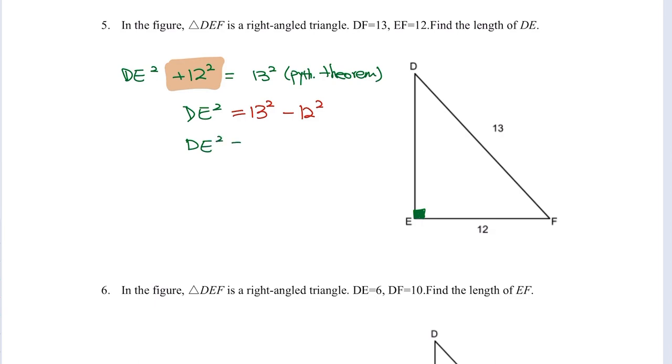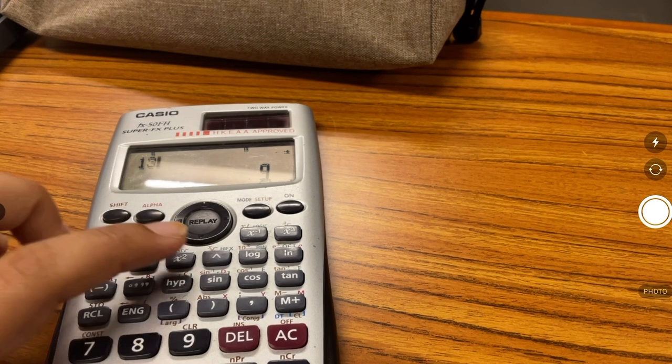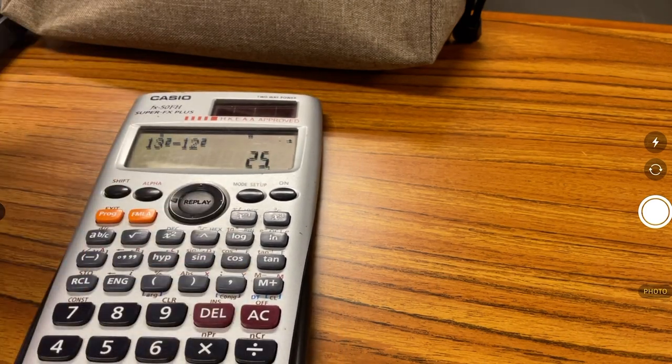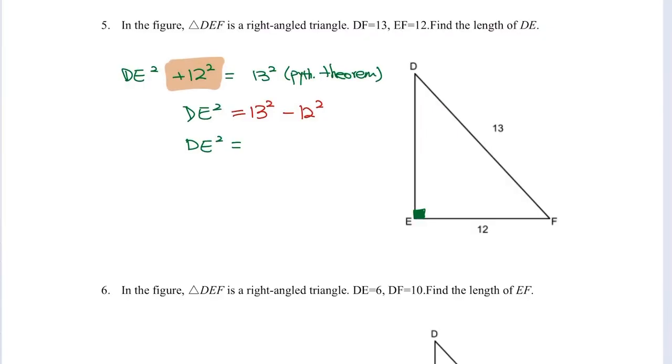And then you have to click that in the calculator. 13 square minus 12 square, I will get the answer as 25. Good. So 25 there. And now if I don't want this square on top, what can I do? You can give a square root to both of them, positive and negative.